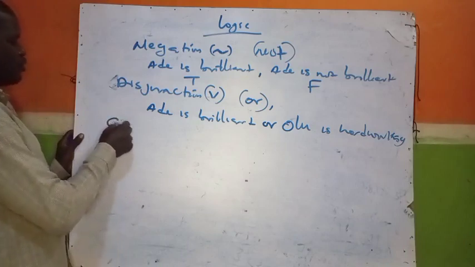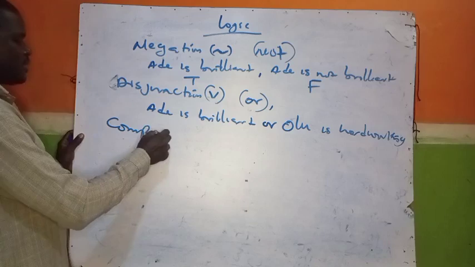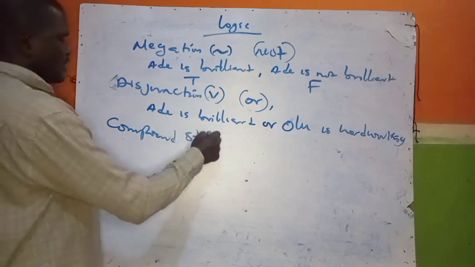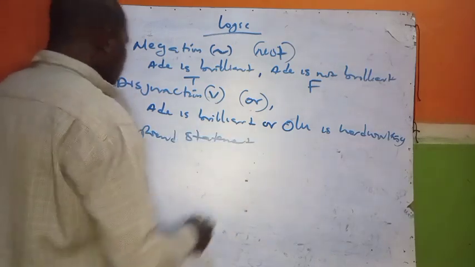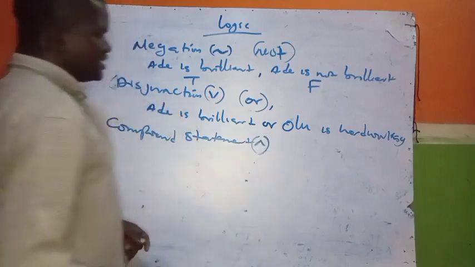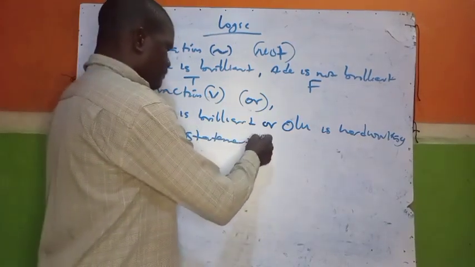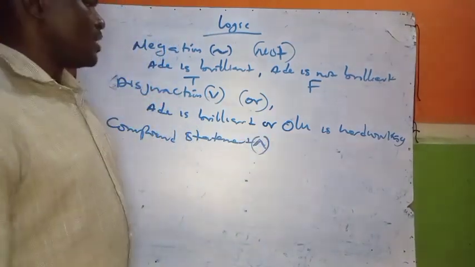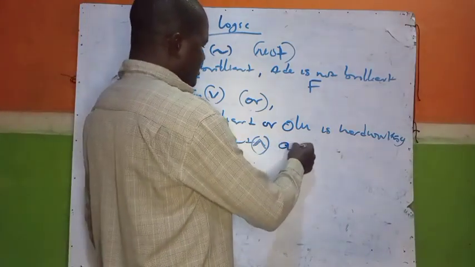Then you have what you call compound statement, or conjunction. The symbol for it is an inverted V, and the word for it is "and."